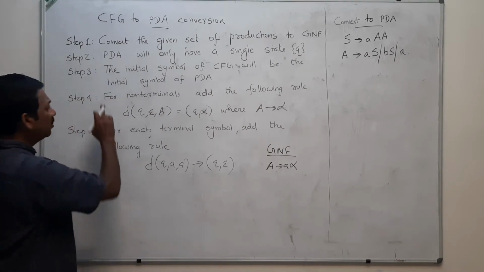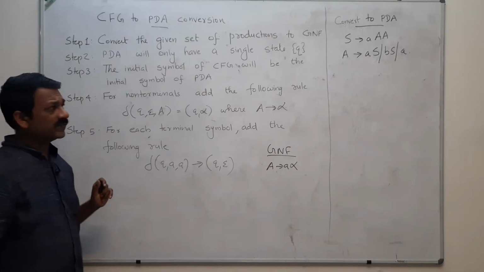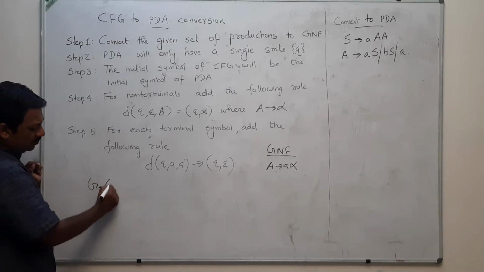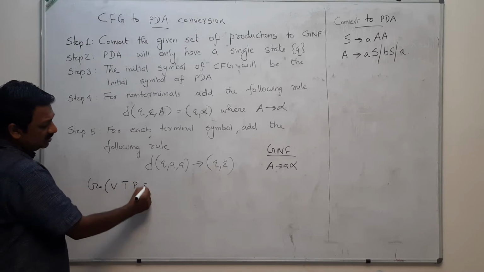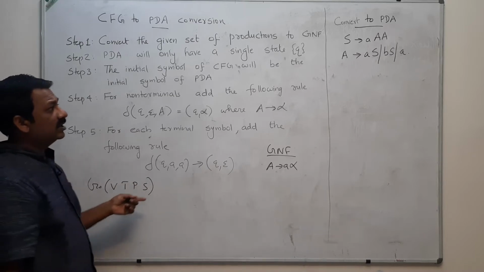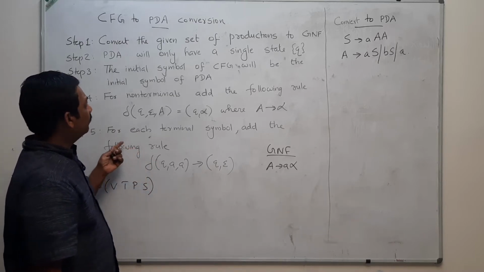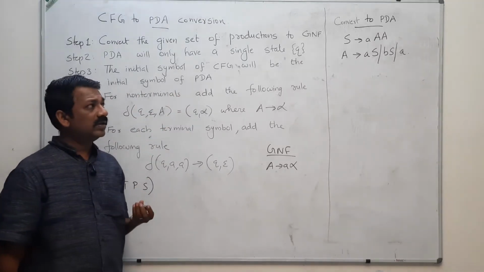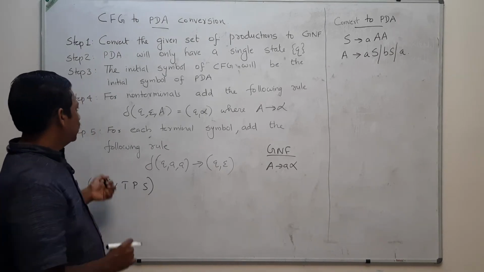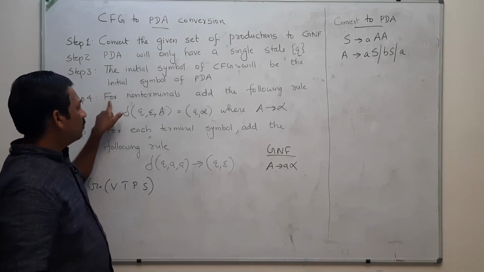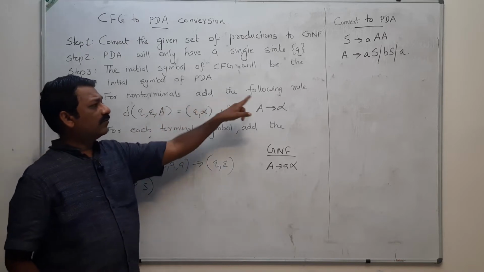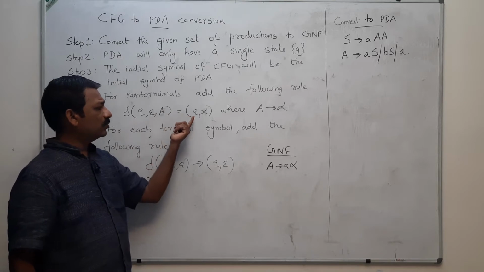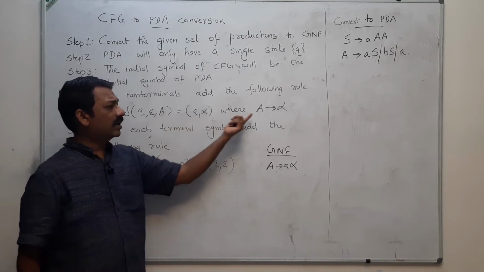Now, the context-free grammar is represented by G equals variables, terminals, productions and start symbol. For this PDA also, the initial symbol will be S. And now for non-terminals we have the following rule: delta of Q, epsilon, A equals Q alpha, where A derives alpha.